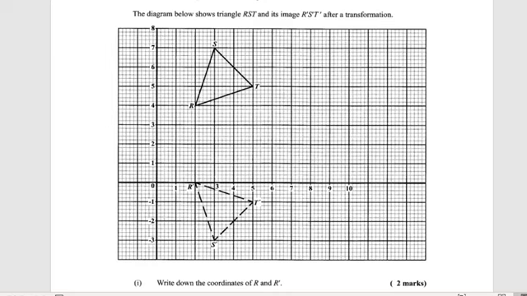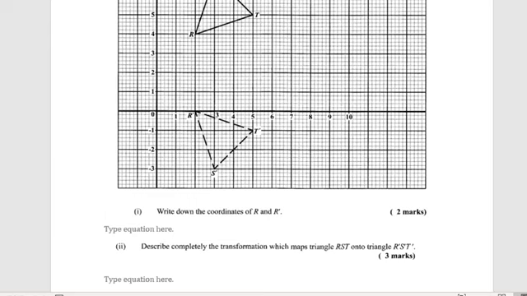So part 1 says write down the coordinates of R and R prime. It's basically just looking at the graph and seeing where R and R prime is. And remember, whenever we're writing coordinates, it's always x coordinates first, followed by y coordinates. So R is equal to, from the x-axis we have 2, and from the y-axis it is 4.